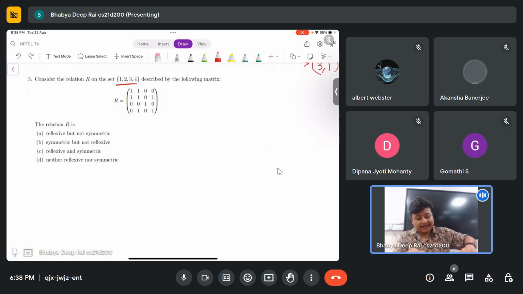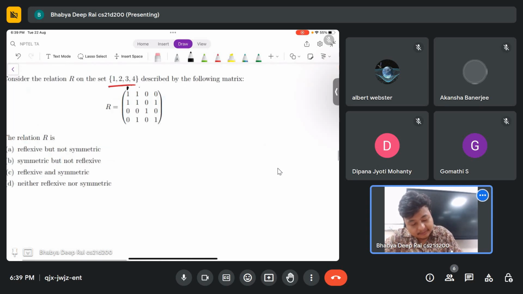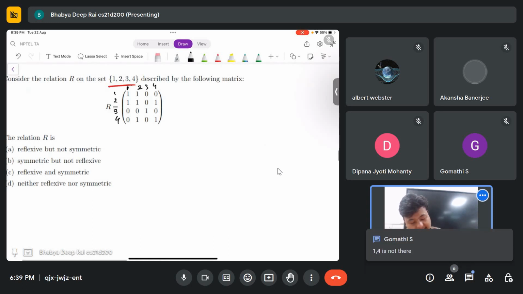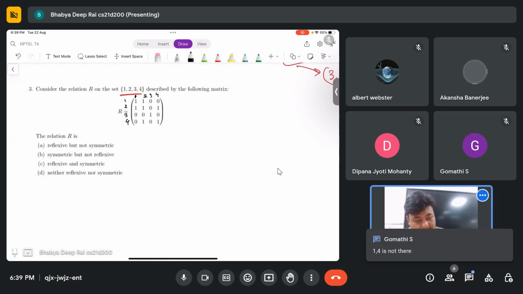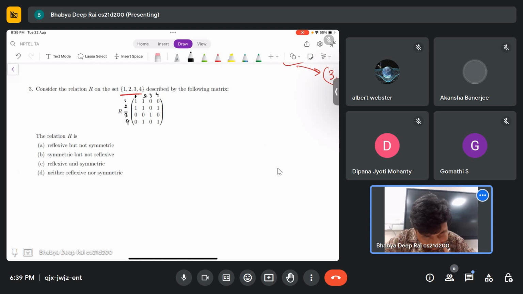Yeah, option C is correct. It is reflexive and symmetric. Now, what is one way to see it? One way you can do it is you can break it down into 1, 2, 3, 4 by 1, 2, 3, 4, and then make this relation. Kumati is saying (1, 4) is not there. (1, 4) is not there. (4, 1) is also not there.